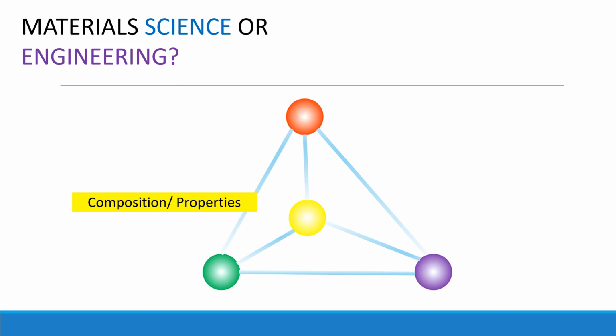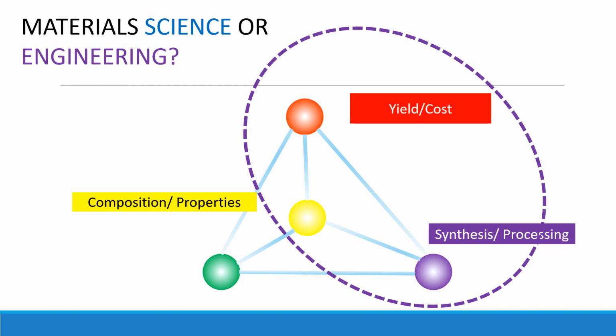As a common point for both approaches, science and engineering, I have put here composition and properties. If we focus on the engineering part, then we'll be dealing more with yield, cost, synthesis, processing, design of product, life cycle, recycling, all these more technological aspects.